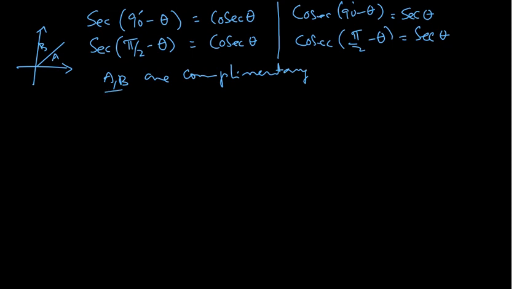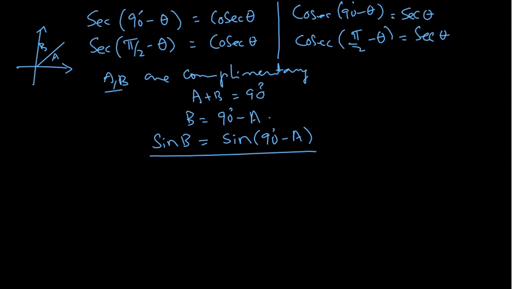So how do we put the relation? A plus B equals 90 degrees. We are now extending the concept. So B equals 90 minus A. Taking sin both sides, or cos or tan or whatever, sin B is nothing but sin 90 minus A.